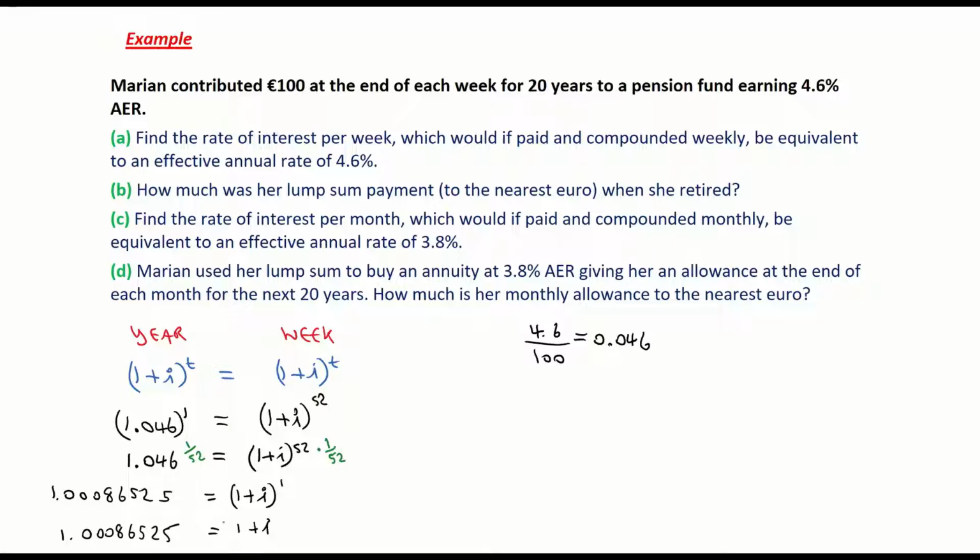I'm going to subtract 1 from both sides, or moving over that 1, which is going to leave me with I is equal to 0.00086525.